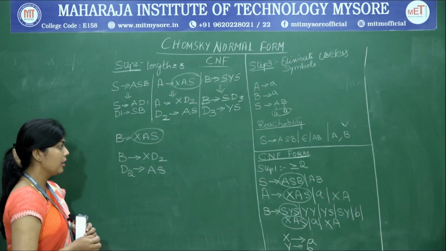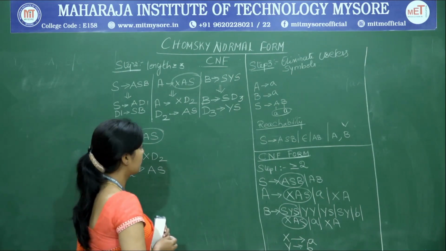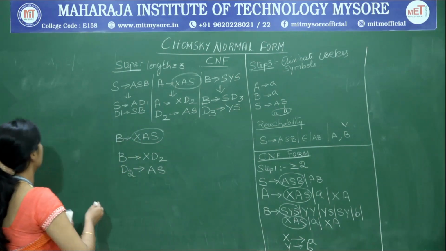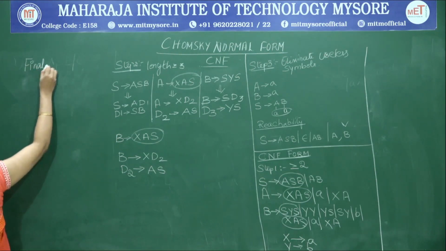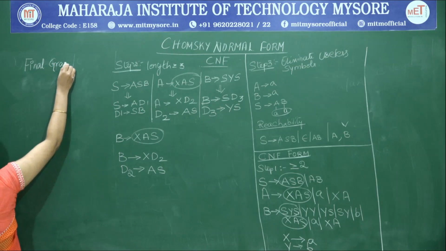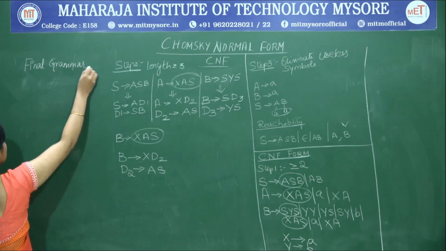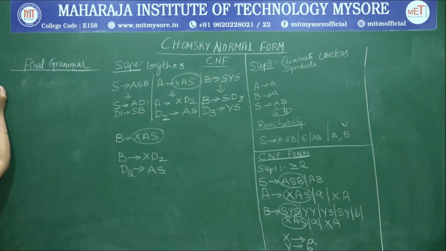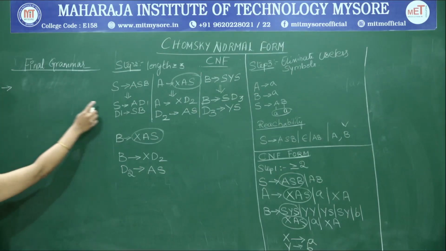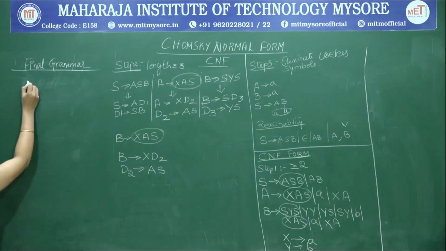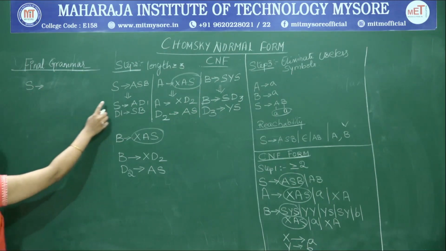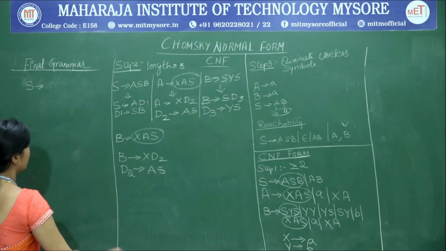So now we are ready to write the final grammar. Therefore, the final grammar can be written as follows. S goes to, we will write all the productions that we have written here.